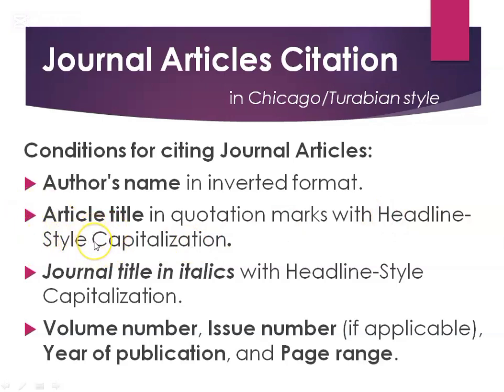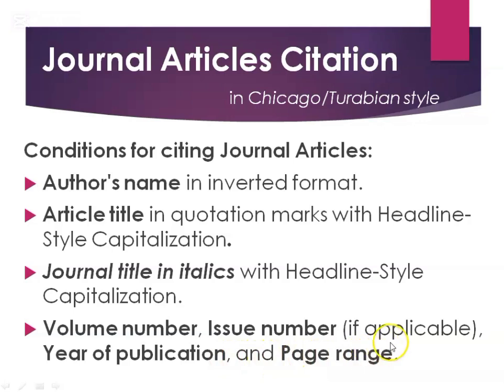After the article title is the journal title. This will be in italics with headline style capitalization also. And the last things that come up in a journal article citation are volume number, issue number, if it is applicable to your article, and then the year of publication and page range.